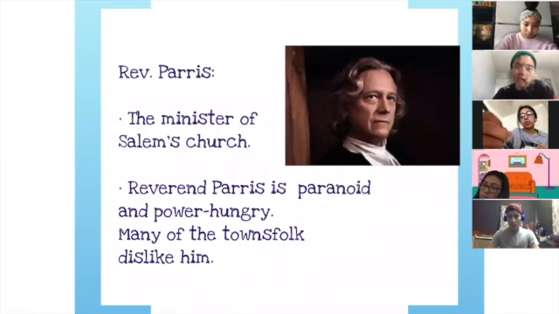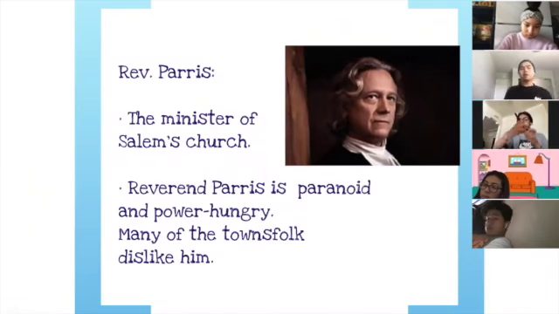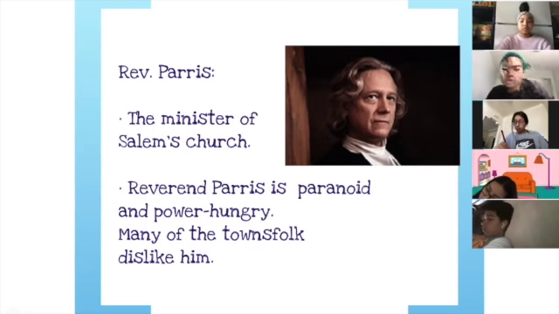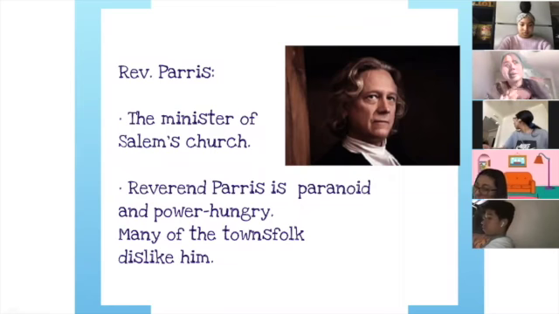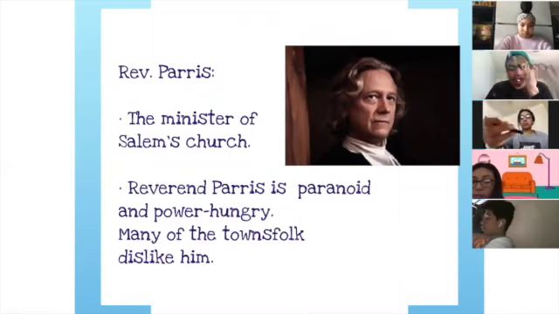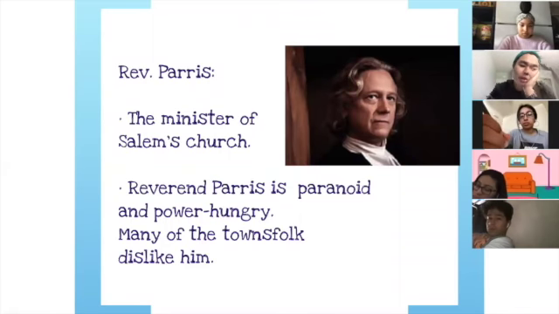All right, so we talked about Reverend Hale. Reverend Hale is a witch hunter. Reverend Paris, he is the minister of the Salem Church. He's going to be on the opposite side of John Proctor the whole story. So, number one, he is Abigail's uncle.